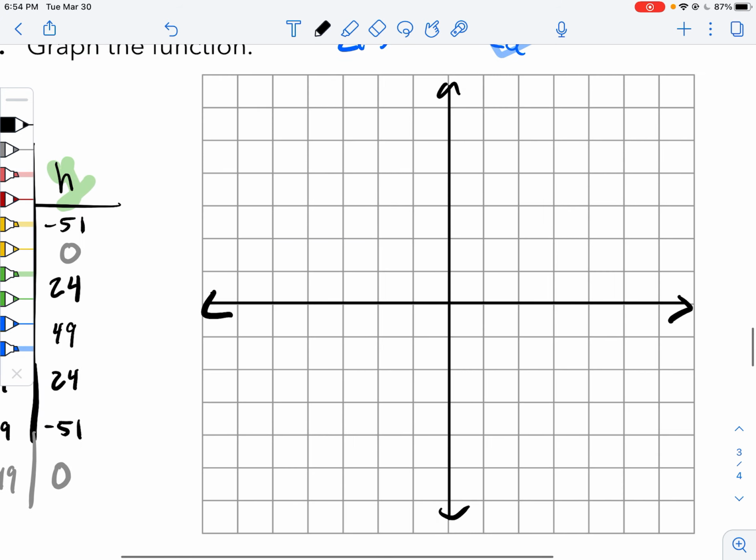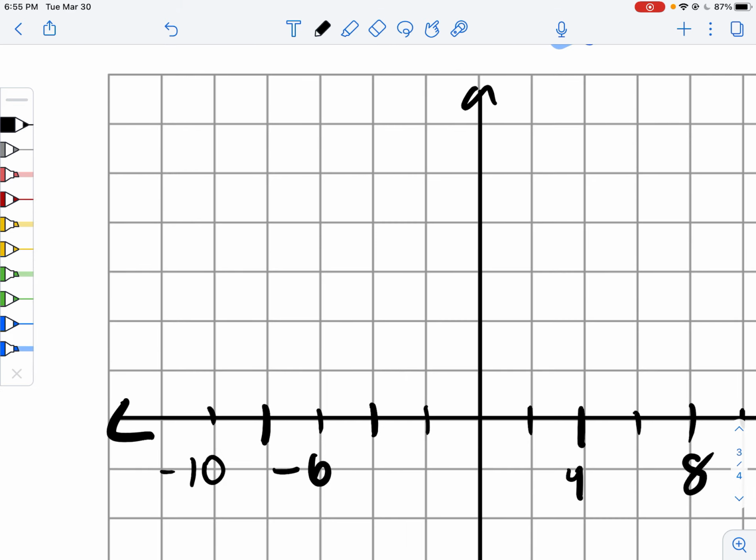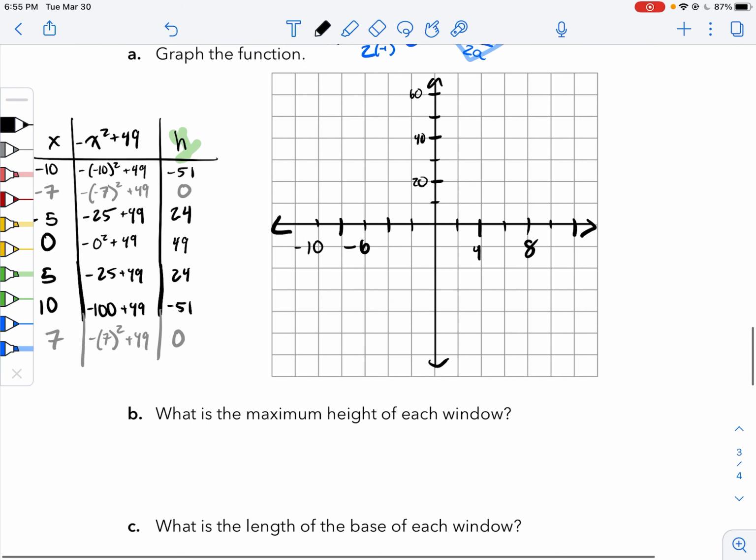So if I go 2, 4, 6, 8, 10 on my x-axis, and we need to go all the way up to 50 basically, because we've got 49. So 10, 20, 30, 40, 50, 60, and we need to go all the way down to -51 as well.